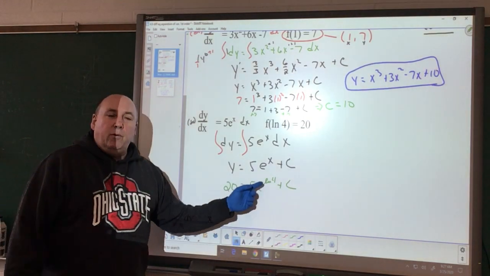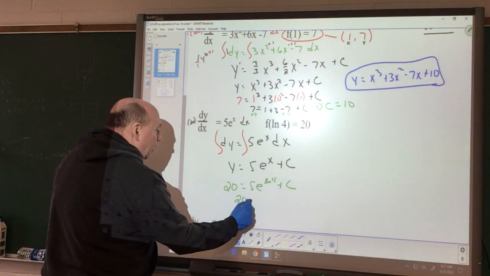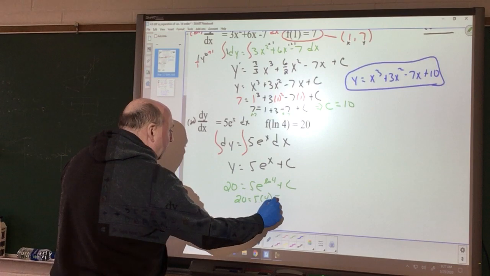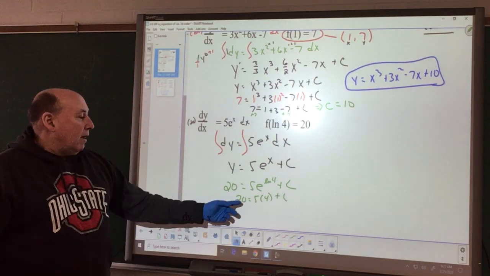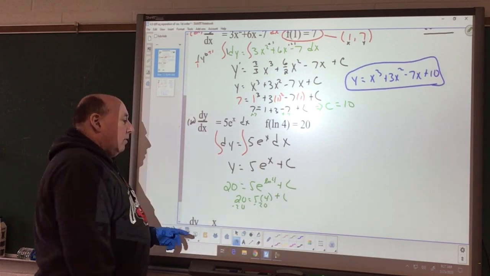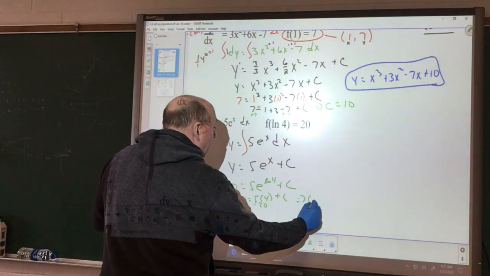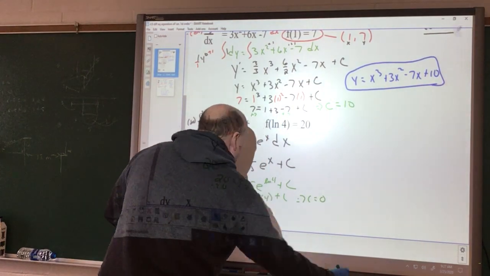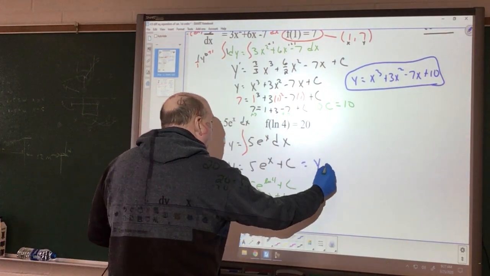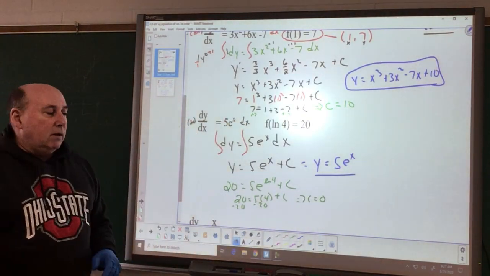E to the ln of 4 is the value of 4, plus c. So we have 20 here. If we subtract 20 from both sides, our c value comes down to a value of 0. So what this turns into is y is equal to 5e to the x, because we have a plus 0 there.